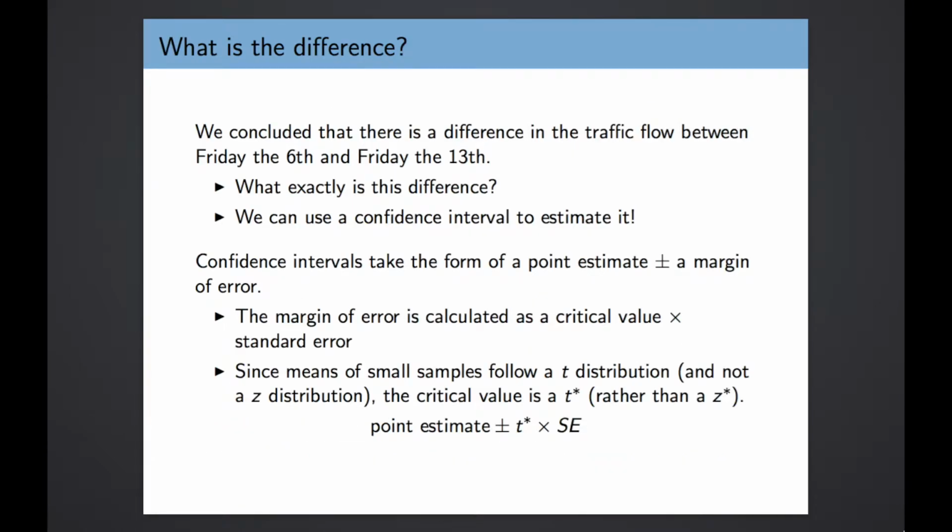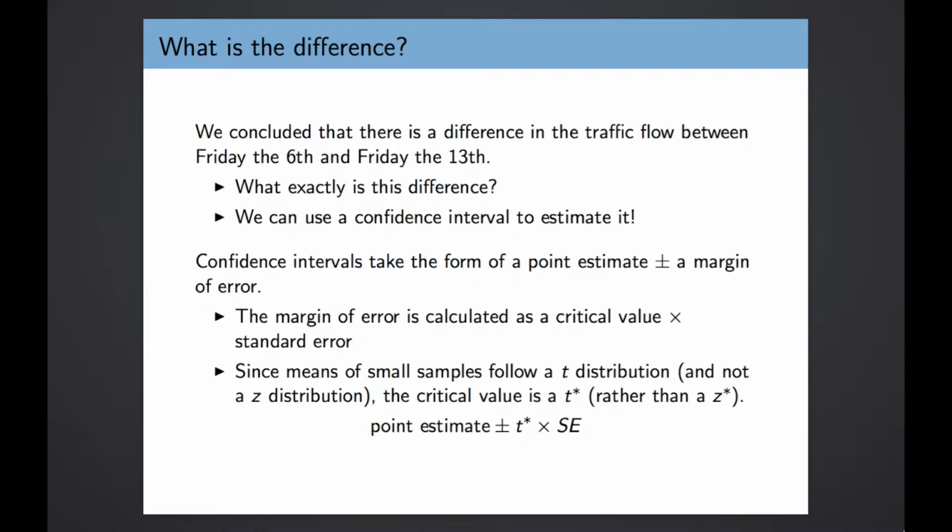So we have our point estimate, but of course we want to also have a margin of error around that estimate. So how exactly can we go about finding the specific difference between traffic flows on Friday the 6th and Friday the 13th, and how can we construct the confidence interval around that?